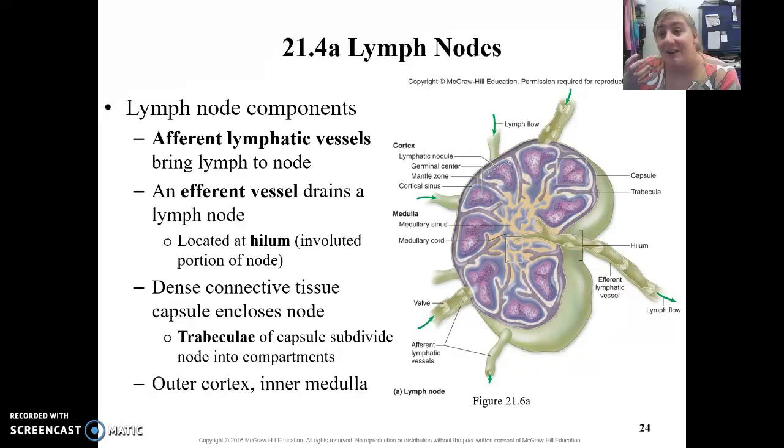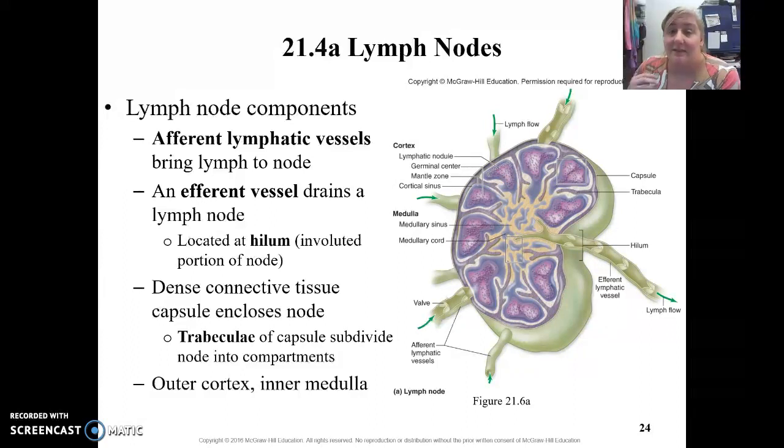When your lymphatic nodes swell and you feel that swelling in your neck or in the axillary region, what's happening is you are actually having a response to that pathogen. And so you're getting a swelling because you have a lot of B and T lymphocytes that are starting to replicate, differentiate into the killer Ts and the plasma cells, and you're getting an immune response.